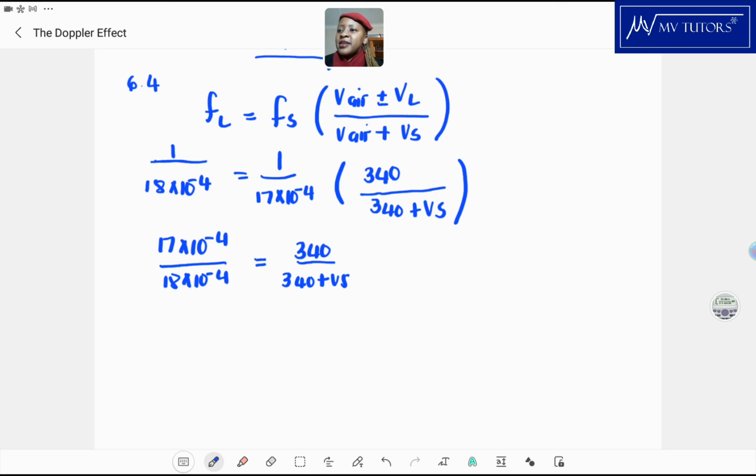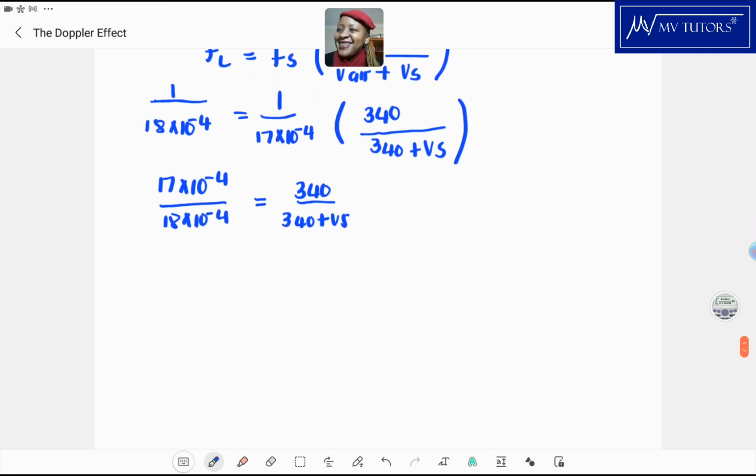So I'm going to just turn it around, swap it. So I'm going to have 18 times 10 to the power minus 4 and 17 times 10 to the power minus 4. I could actually cancel that. But anyway, then I have 340 plus Vs and I have 340.